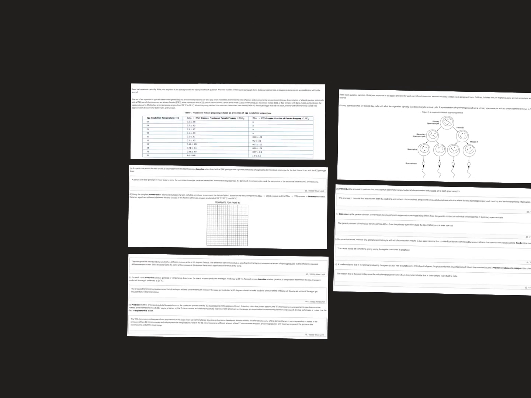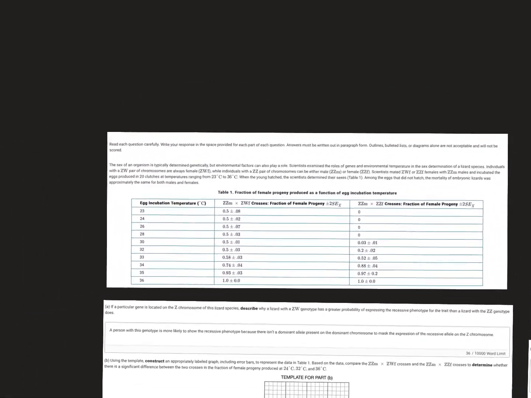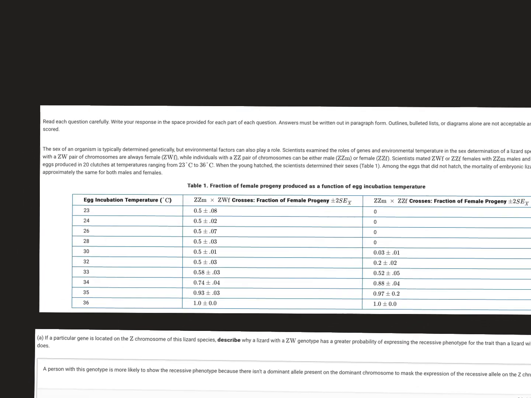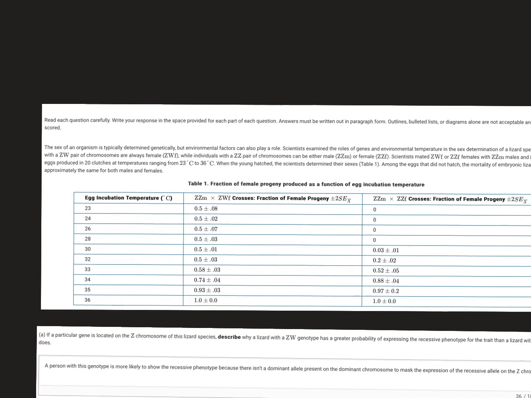So here, what we're dealing with is the first of your FRQs, and it says that the sex of an organism is typically determined genetically, but that sometimes you can have environmental factors that influence that sex.